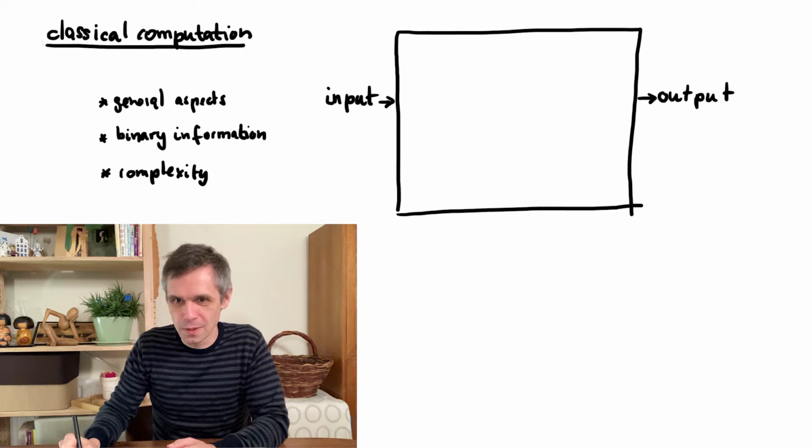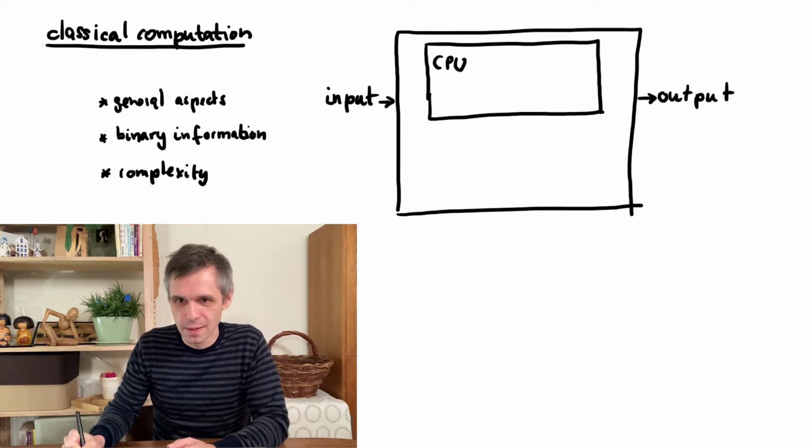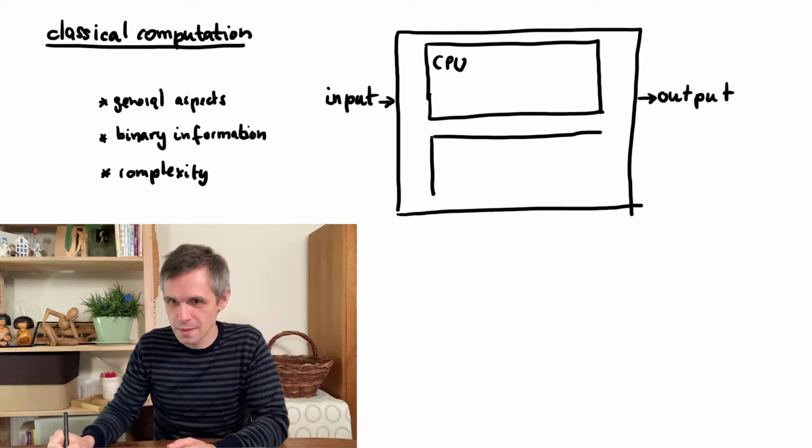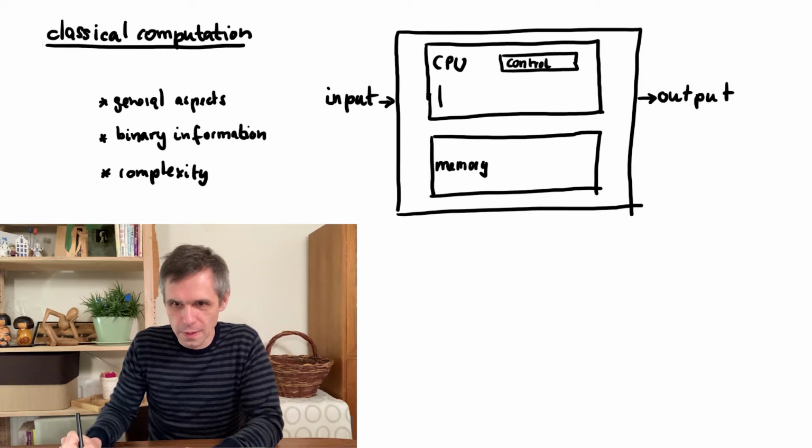And in the typical computer this involves a processing unit and some memory devices. And within the CPU you would typically have a control unit, an arithmetic and logical unit, and also some dedicated memory already, which takes the form of registers.